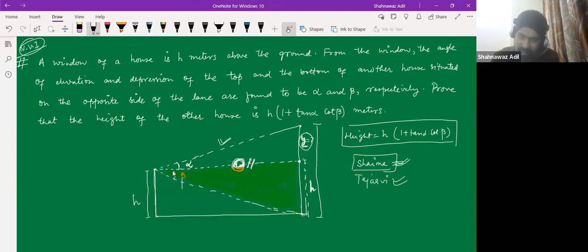So this is angle beta, right? This is opposite to angle beta. This angle is 90 degrees, so this is the hypotenuse. So this is the perpendicular, this is the base, and this is the beta angle, right?